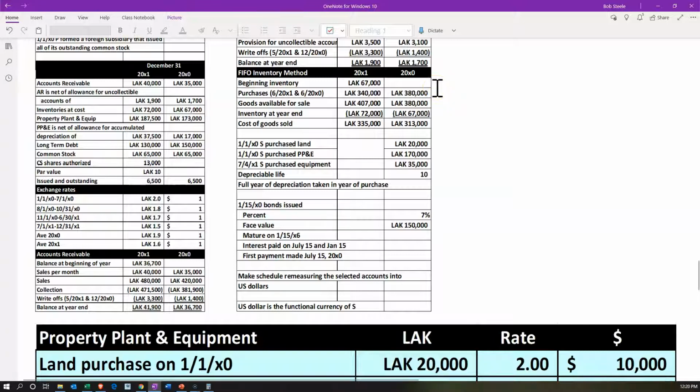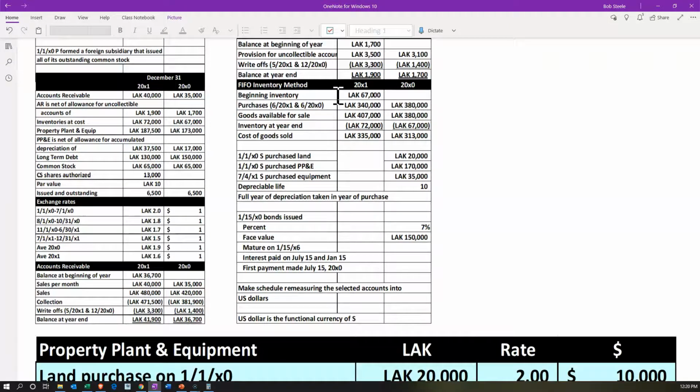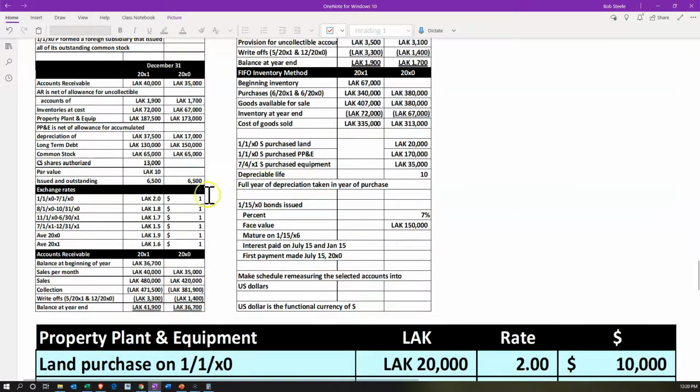Nothing was in beginning inventory because it's the first year of operations, and then ending inventory is that 67,000. We purchased all of that on 6X0. So we're looking for the date for 6X0. So then we're going to go over here to the dates. So 6X0 is going to be here between 11X0 and 71X0. So we're going to be using that 2 for the exchange rate.